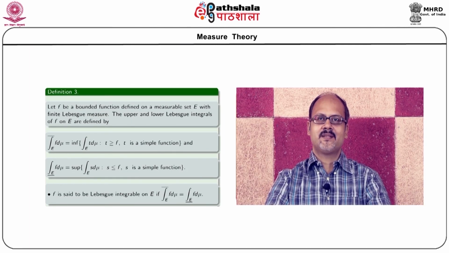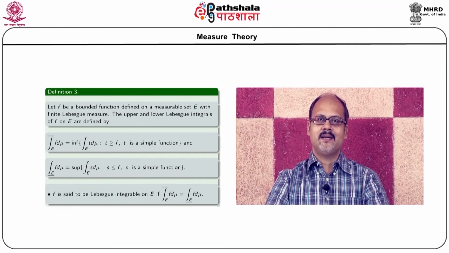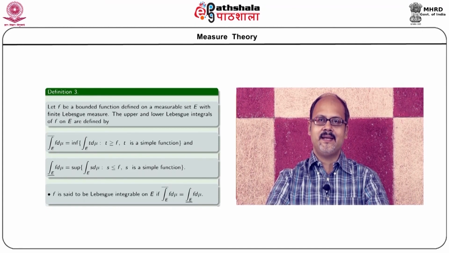So, in this first module of chapter 5, what we did is that we have defined the Lebesgue integral of simple functions, and then with the help of the Lebesgue integral of simple functions, we have defined the Lebesgue integral of bounded functions over a set E of finite Lebesgue measure. So, we end this module here.